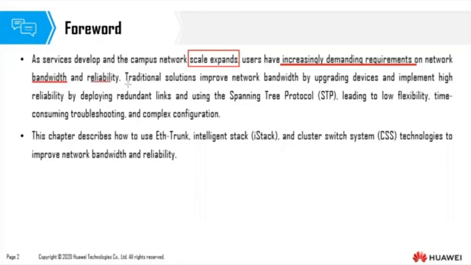Traditional solutions improve network bandwidth by upgrading devices, or implement high reliability by deploying redundant links and using STP to avoid loops.